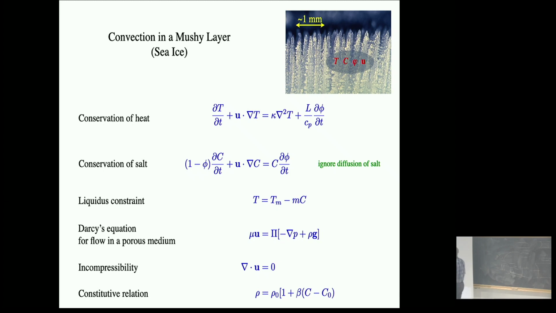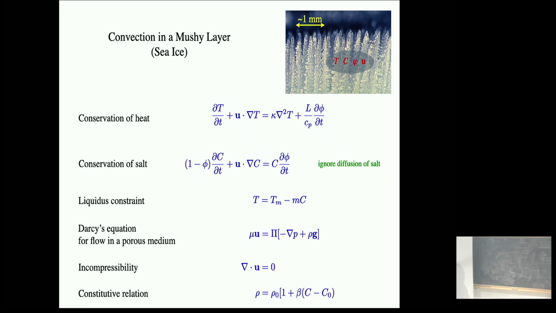Okay? But what we're going to do is step away a little bit from sea ice and go to actually more like this system, where the solid fraction is relatively low. Solid fraction in sea ice is quite high, actually. It starts at around 50 to 60% and gets up to 95%.